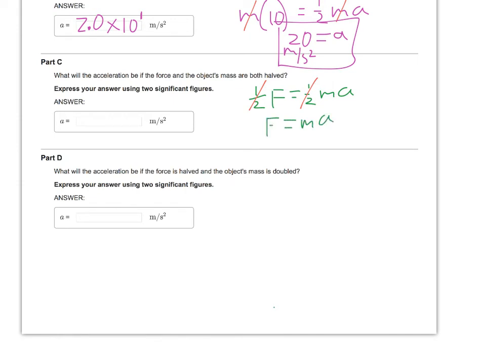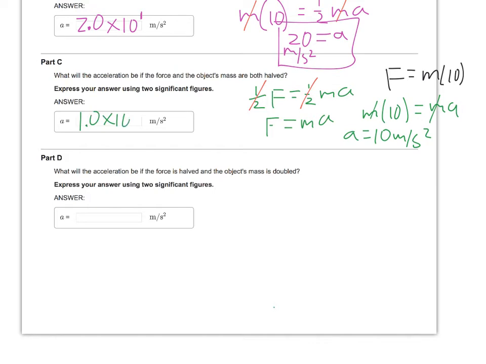So nothing has really changed, but if we're continuing in our method here, before we had F was equal to our mass times 10. And now we can just substitute in that F once again. So we end up getting m times 10 equals ma. And so our acceleration is 10 meters per second squared. Once again, if we want to be proper with our sig figs, it would be 1.0 times 10 to the first, but I think that it will accept 10 on its own.